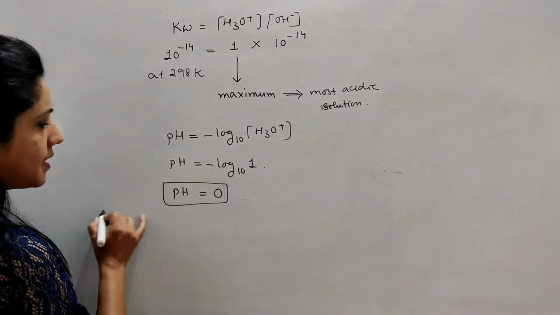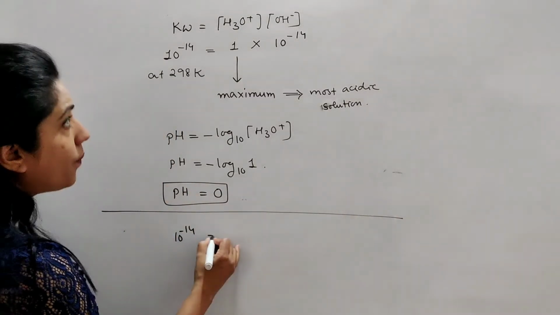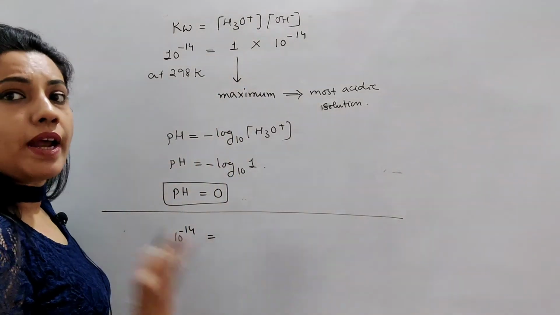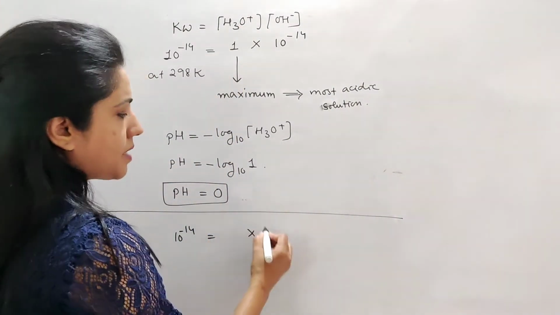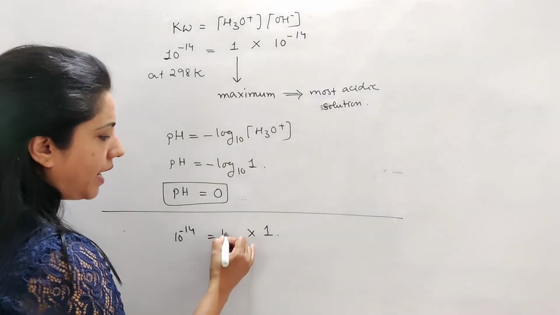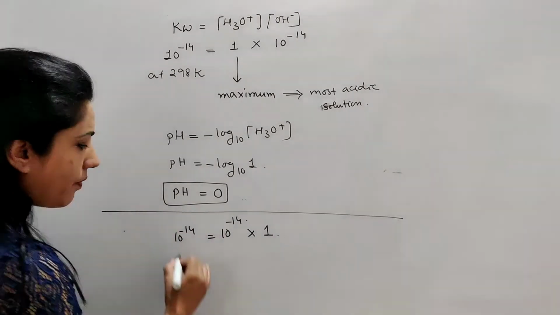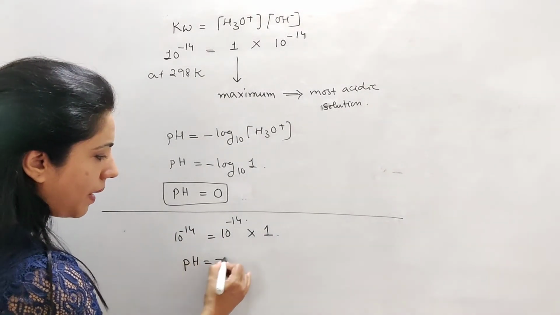On the other hand, another extreme condition is we will consider now H3O plus is very less and OH minus is maximum. So when OH minus is maximum it will be 1 and H3O plus will be 10 raised to power minus 14. Let us find out the pH of this solution.